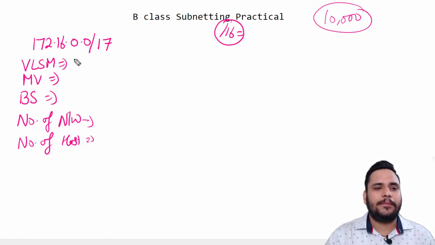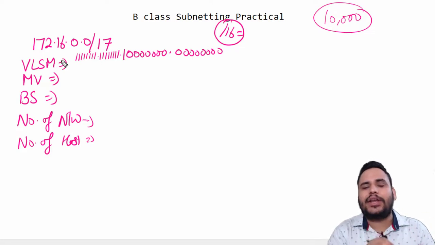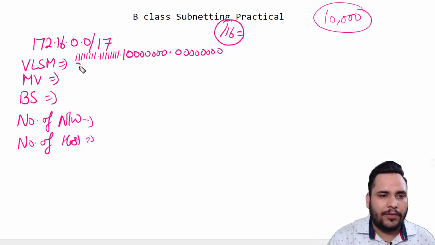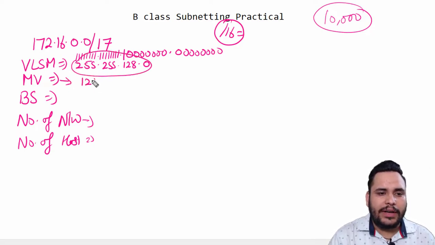So in VLSM, 1, 2, 3, up to 16 and 17. Now, all these bits are 1 and the other bits are host bits. When you convert binary to decimal, the subnet mask is 255.255.128.0. Now, magic value is equal to 128.